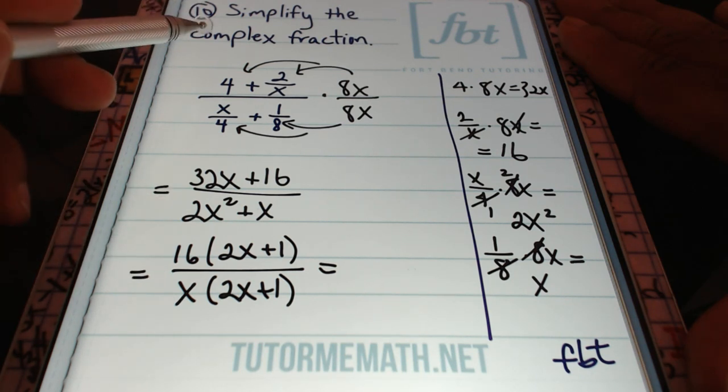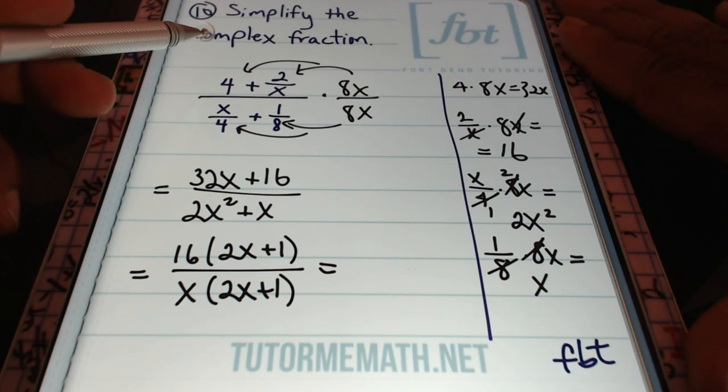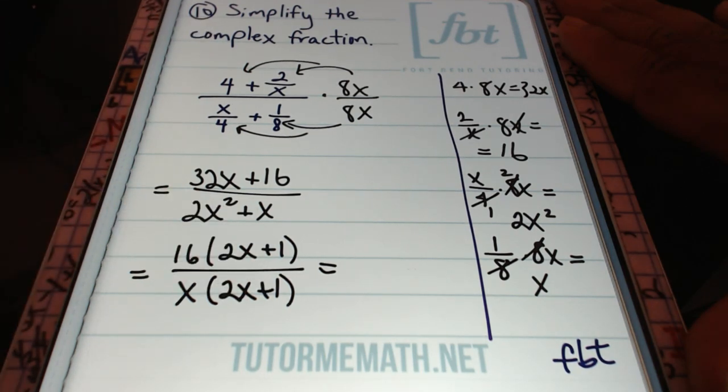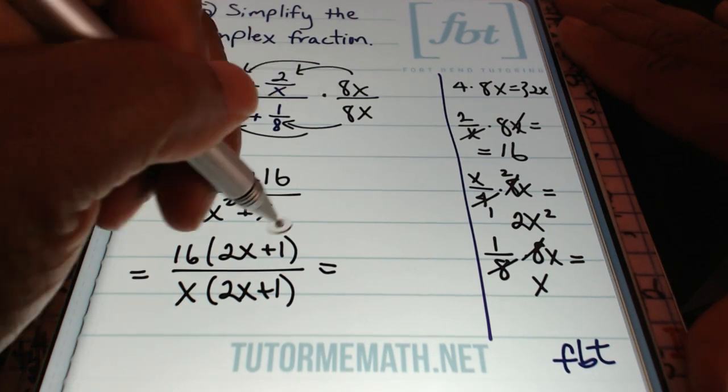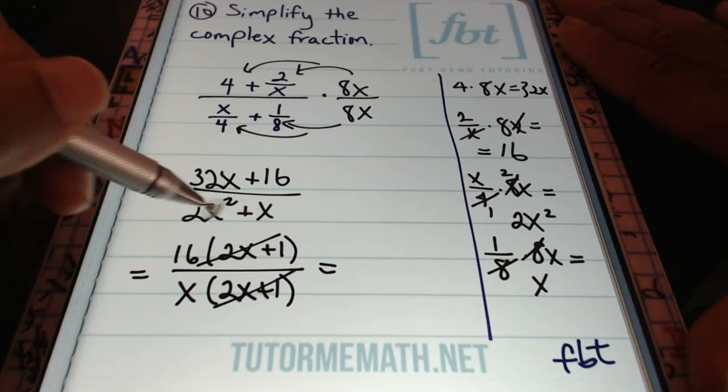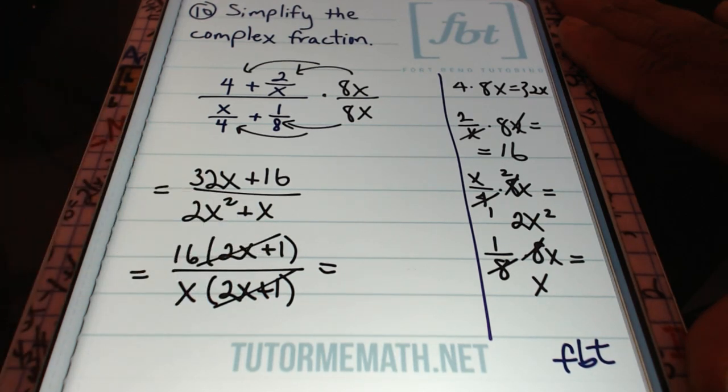And they didn't make any stipulations in the directions now, did they? No, they didn't. So we're assuming that there are not going to be any domain violations by the process we're doing right now, which means that our next step is to simplify this further by canceling out these like terms right here. Since everything is multiplying and dividing at this point in the problem, you can cancel out the common factors.